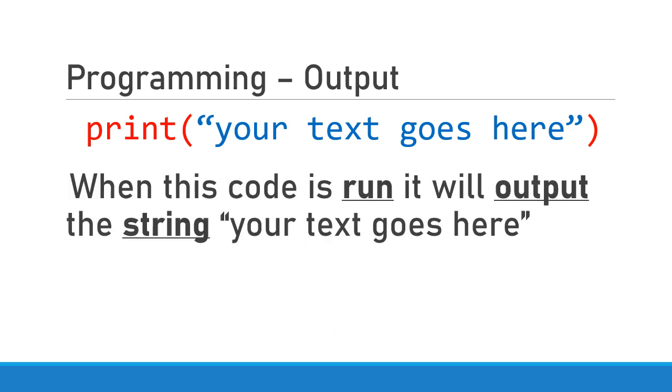So when this code is run, it will output the string your text goes here. I know it's going to output something because we're using that keyword print, and we know that it's going to output a string because everything inside those brackets is within speech marks.